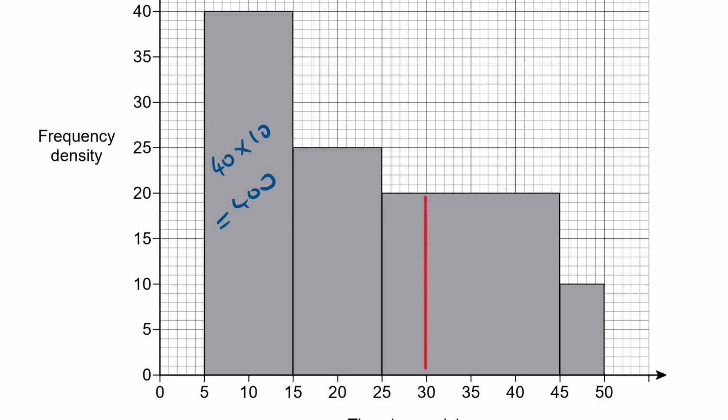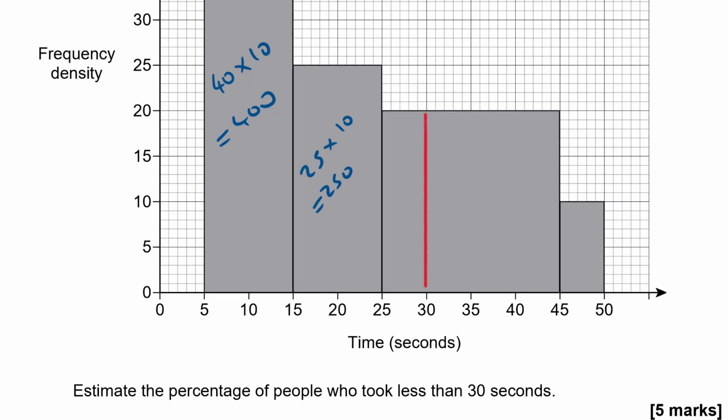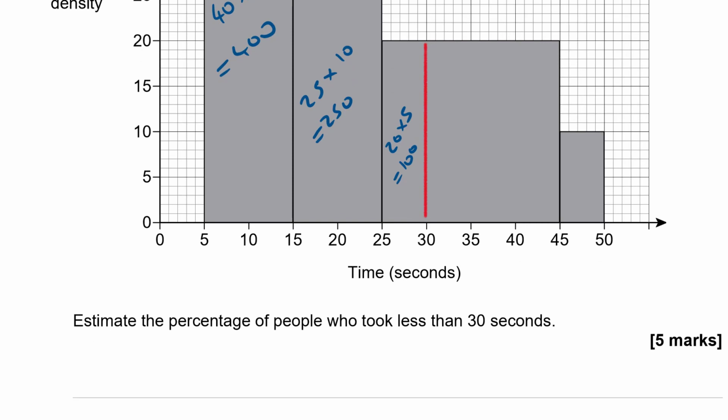The middle bar has got a height of 25 and a width of 10, so that represents 250 people. And this part of this bar here has got a height of 20 and a width of 5, representing 100 people.